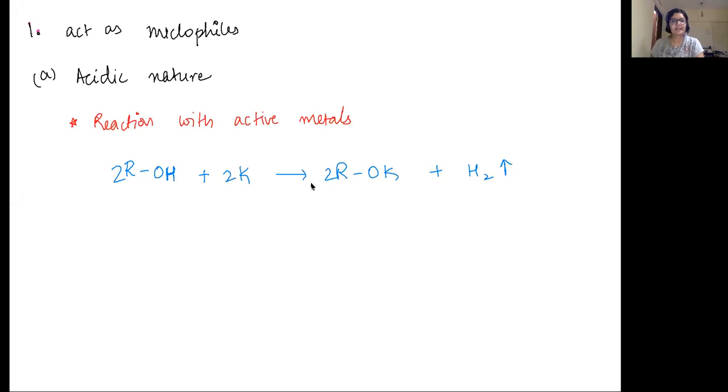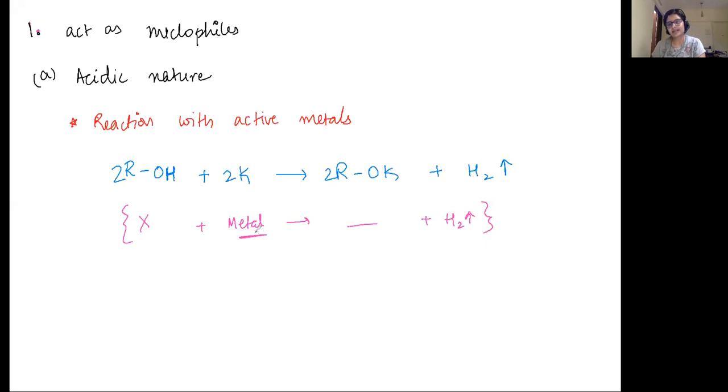No. So can you think of any other reagent which, some compound X on reacting with a metal, gives some other compound releasing hydrogen gas? Is this reaction familiar with you guys?